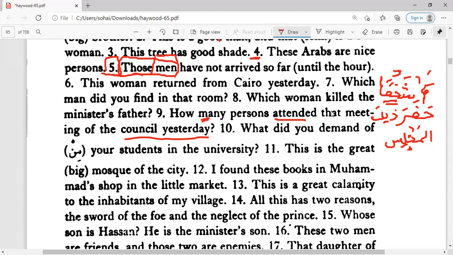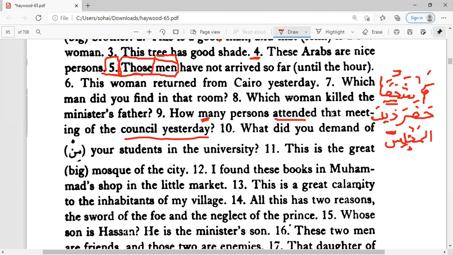The council. Yes. What I'm saying is, is it majlisu, majlisa, or majlisi? مجلس. Majlisi. Why is it majlisi? Because it's the object. Yes, okay.